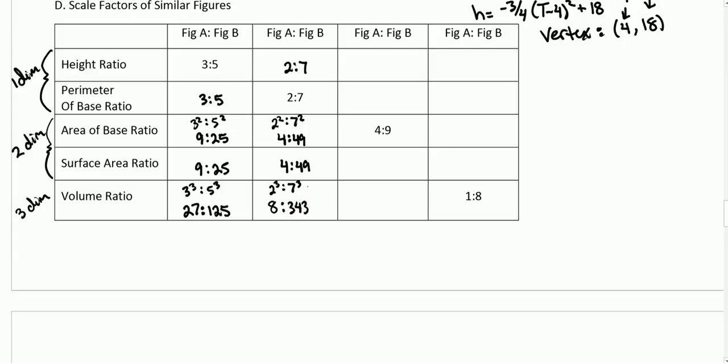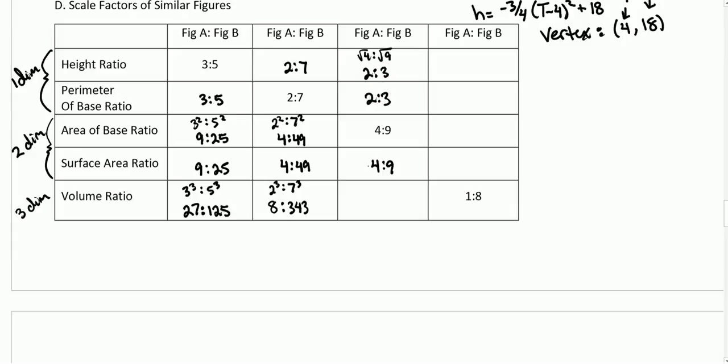In the third column, we have area of base ratio 4 to 9, so the surface area ratio is also going to be 4 to 9 because those are two-dimensional. To go from two-dimensional back to one-dimensional, you take the square root of 4 to the square root of 9, which is going to be 2 to 3.